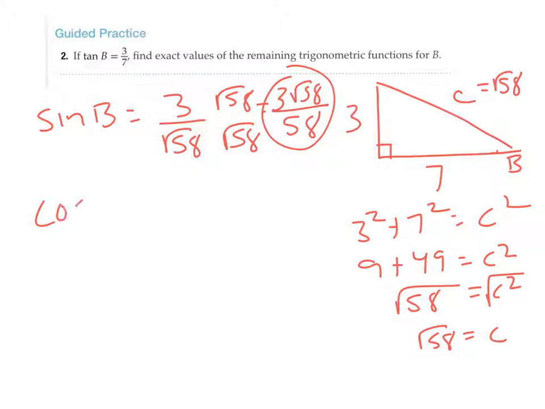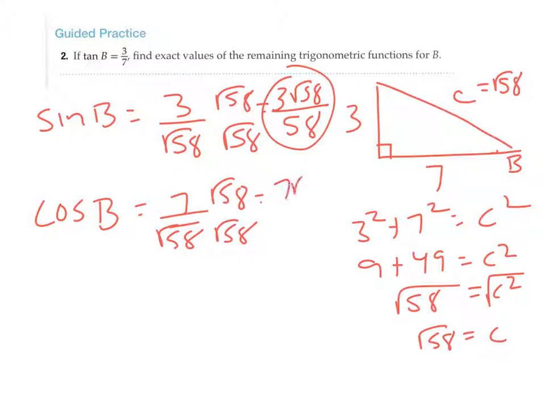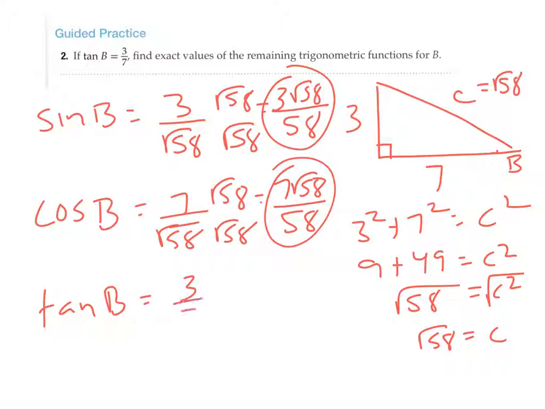Then we find cosine of B. Cosine is the adjacent, 7 over radical 58. And once again, we have to rationalize the denominator. And we get 7 radical 58 over 58. And we already know what tangent is. So tangent of B equals 3/7.